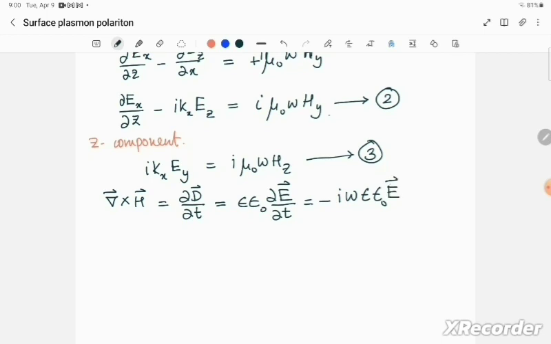Okay, and again we will write for all the x, y and z components, and what we will get for the x component is hy delta z. It's quite similar to what we had, only the right hand side is slightly different.